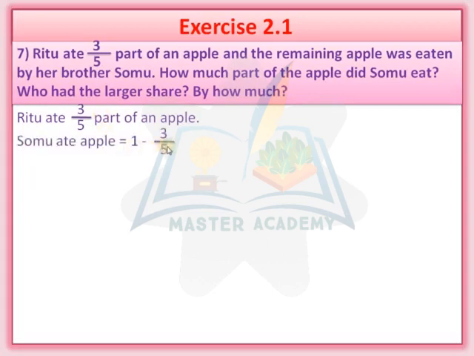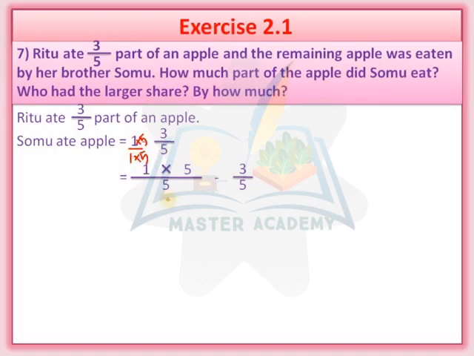Okay, so 1 minus 3/5. So 1 minus 3/5. Can I write 1 as 1/1? So 1 multiplied by 5 upon 5, because the denominators are not same, so we find out the LCM.